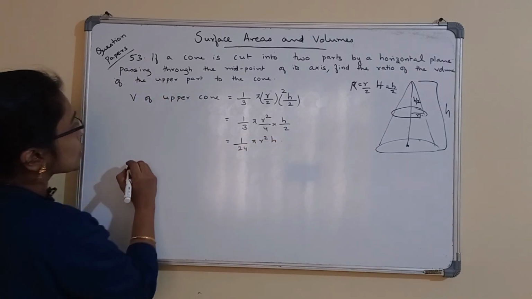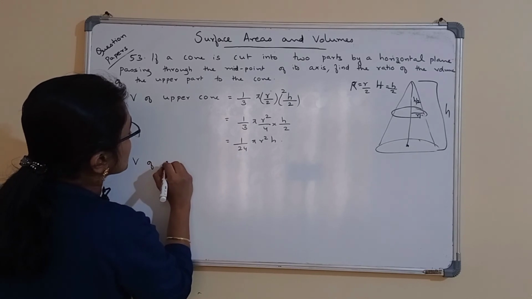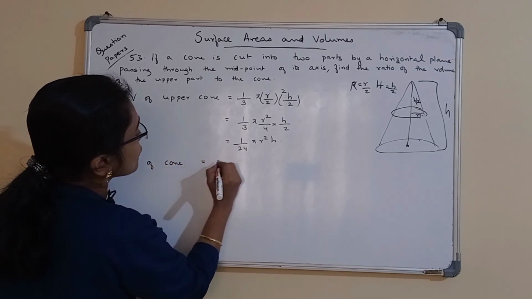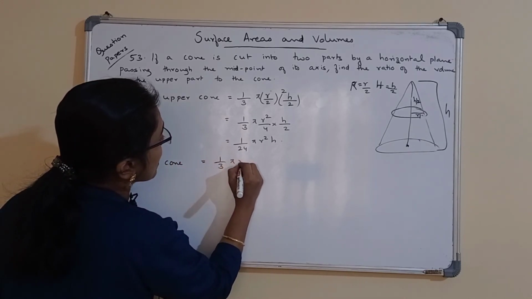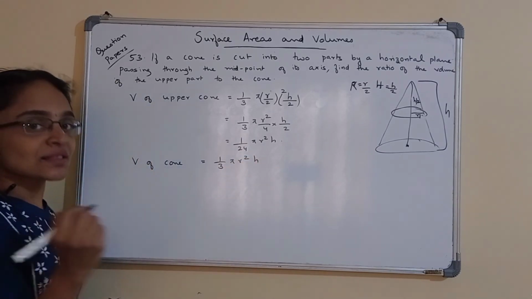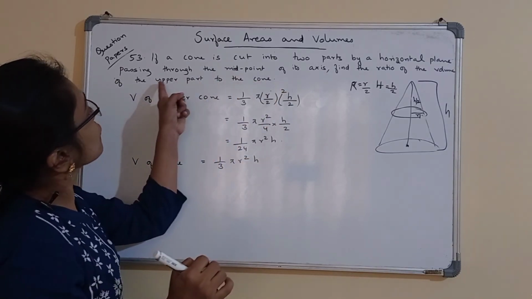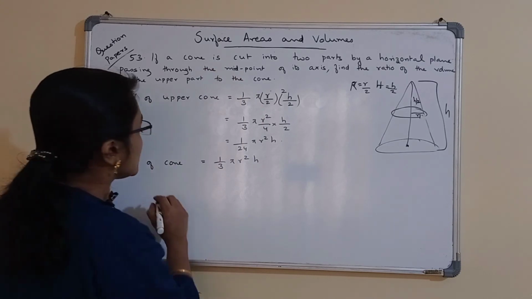Okay, now what is volume of the cone? Volume of cone is 1 by 3 pi R square H. So, we have to find the ratio of volume of upper part to the cone.